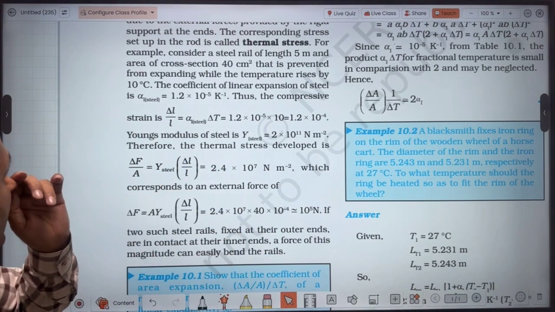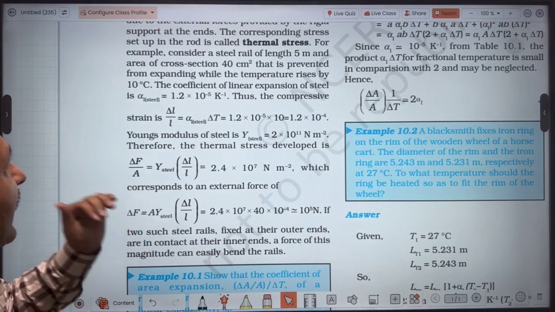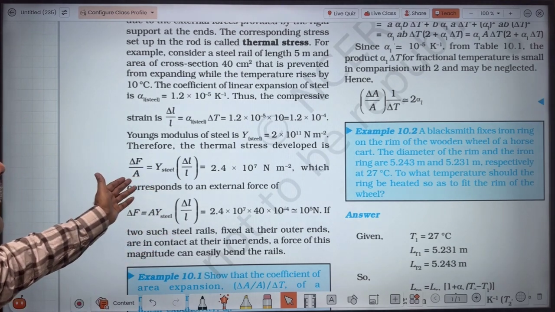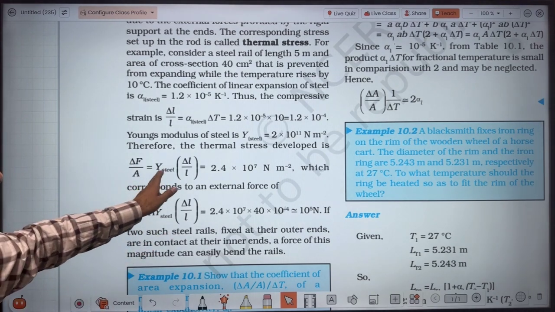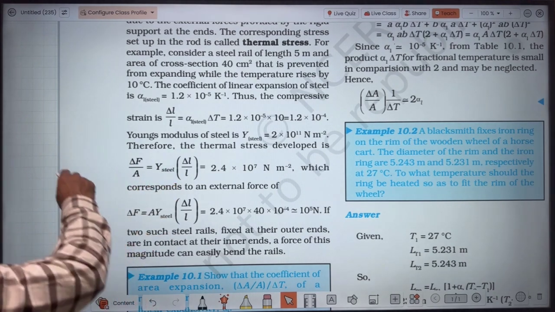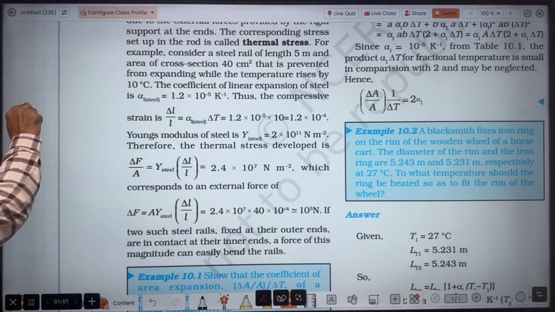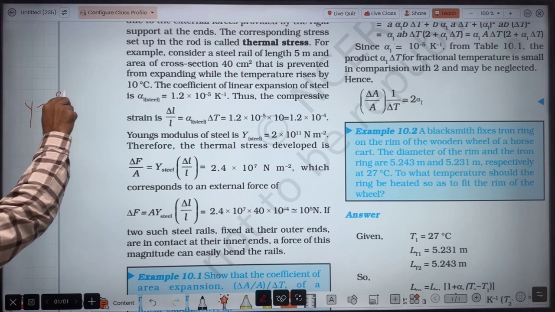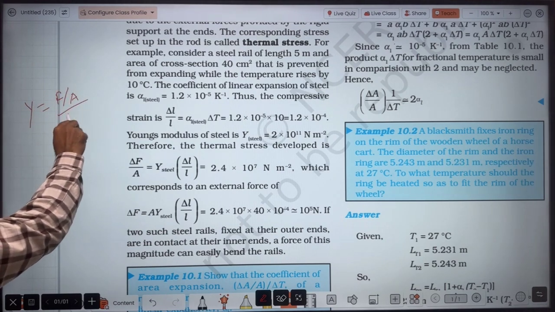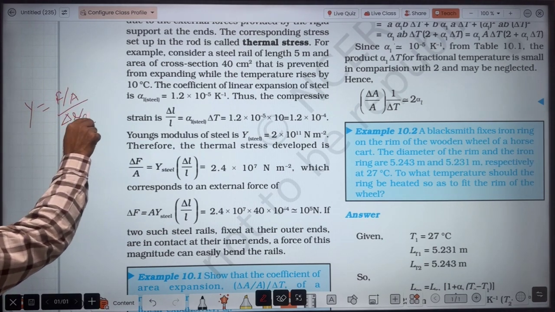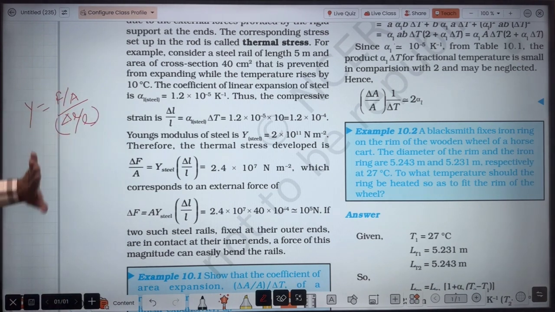And you know, stress is given by force upon area, so we can evaluate force upon area. I think I should write it here so that you can recall easily. What is Young modulus? Force upon area divided by delta L upon L, where this is stress and this is strain. The same concept is being used.